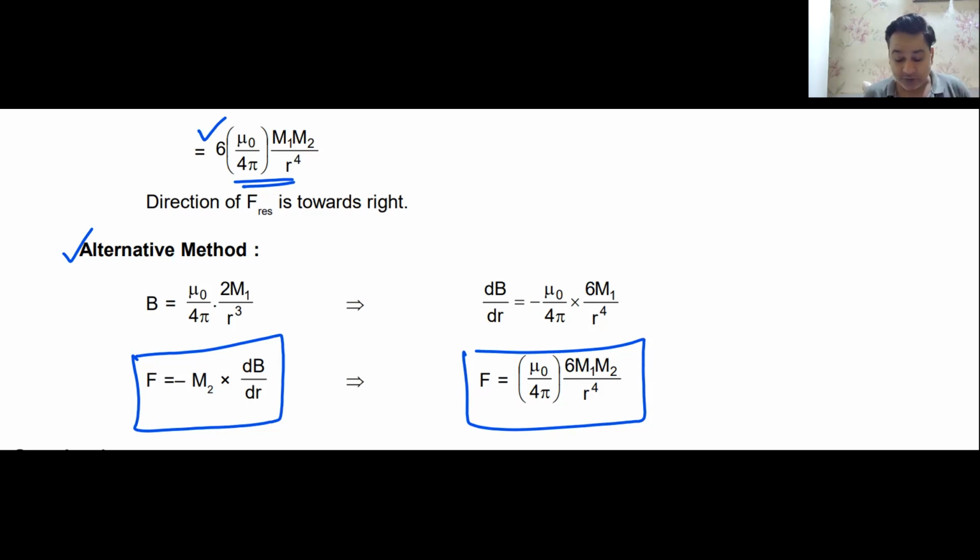The only difference would be here we have put M1 and M2, the magnetic dipole moments of the bar magnet. In case of two current carrying loops, this M1 and M2 would be the dipole moments of those current carrying loops. And do you know what is the dipole moment of a current carrying loop?